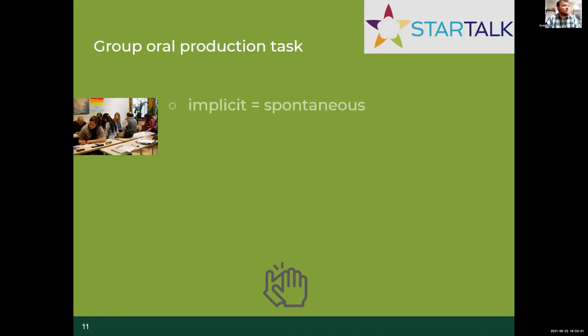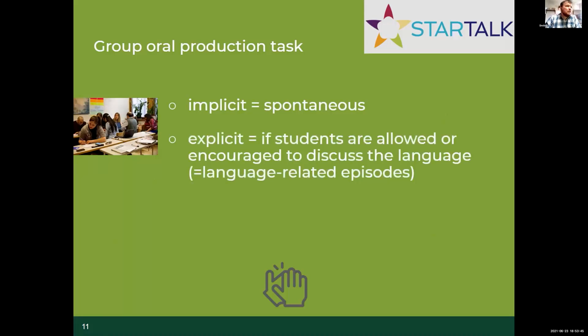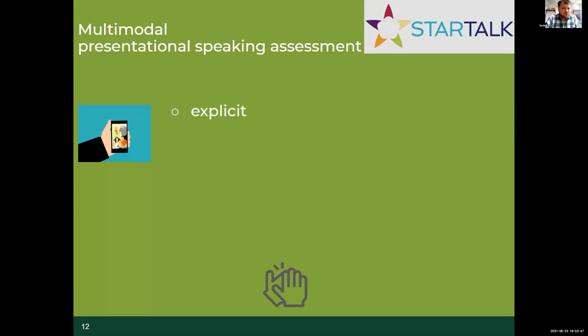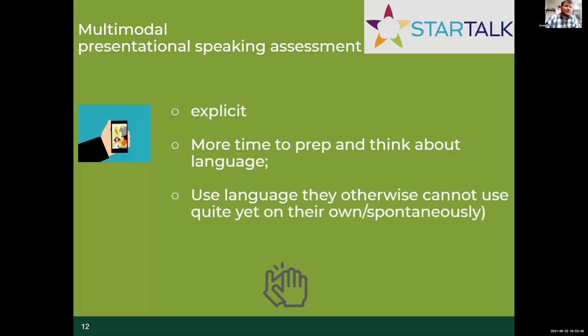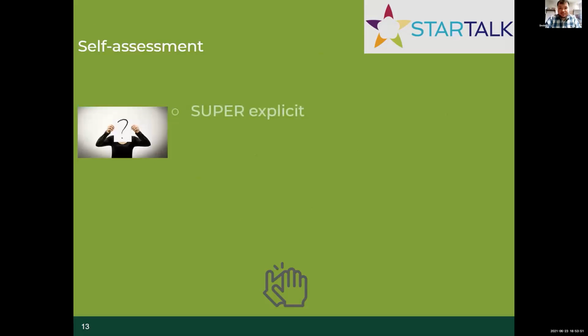The group oral production task is more implicit, the multimodal is more explicit, and the self-assessment is super explicit. We don't have time now, but we'll be happy to go back to it on Friday, during our office hours, or maybe even next week.